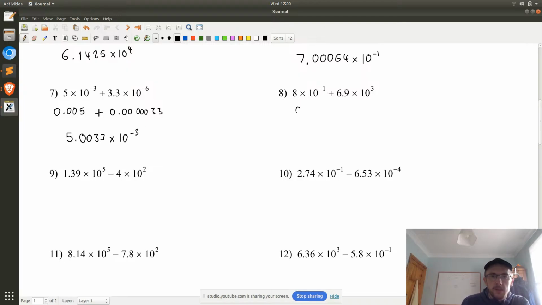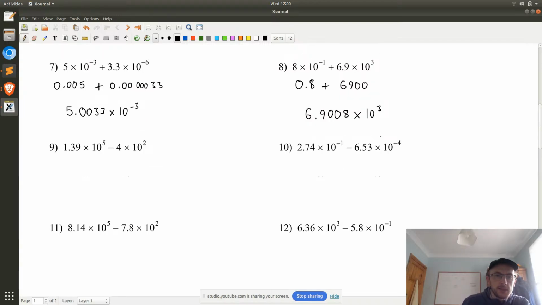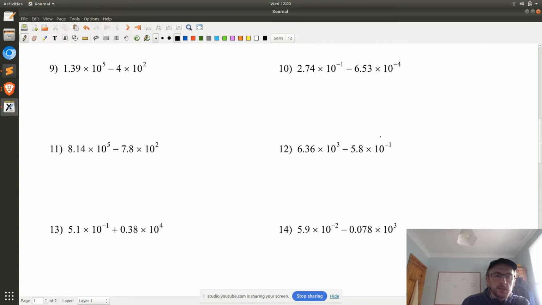And here, 0.8 plus 6,900, which becomes 6.9008 times 10 cubed, like that. And now subtraction.